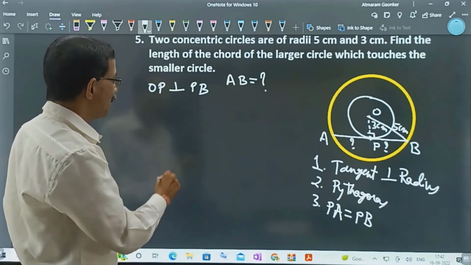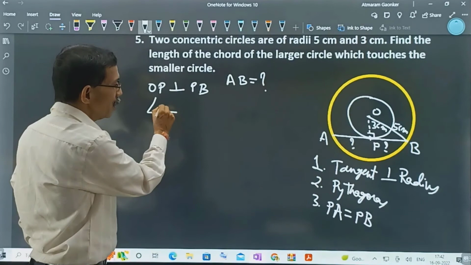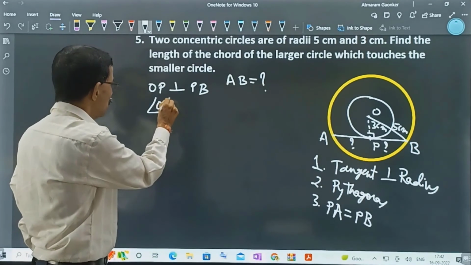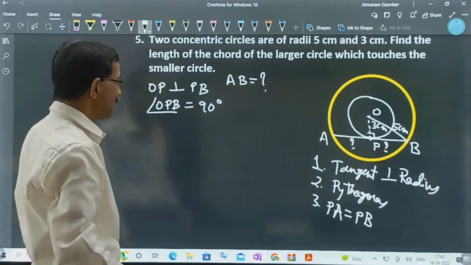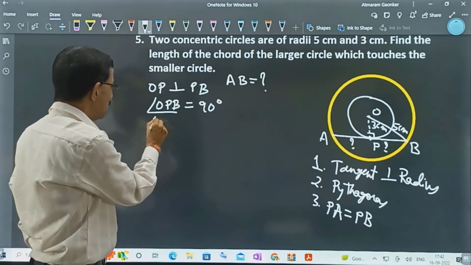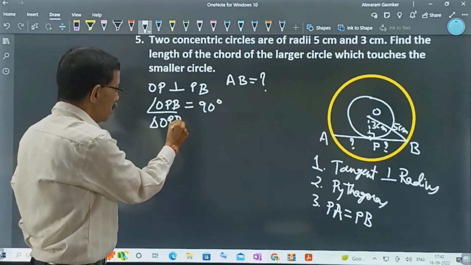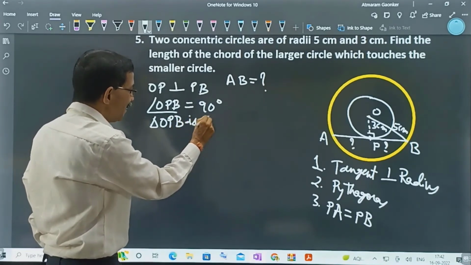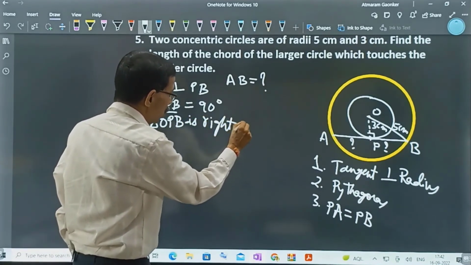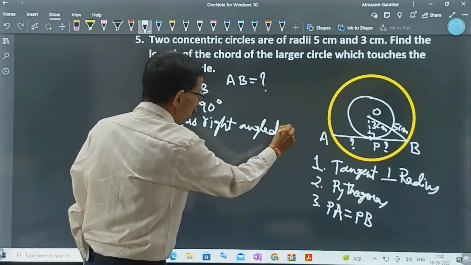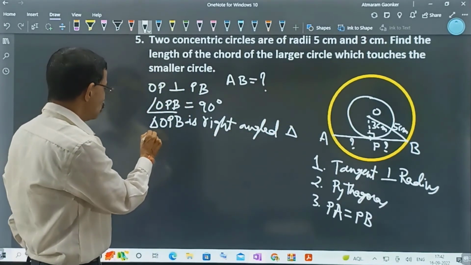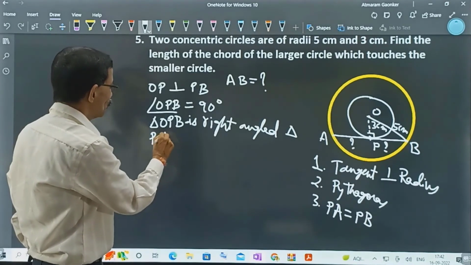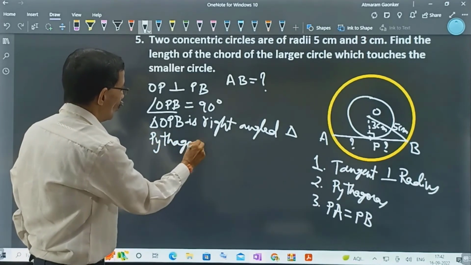So I can say that the angle OPB is equal to 90 degree, and when the angle is 90 degree, I can say that triangle OPB is a right angle triangle. And when this is a right angle triangle, we can very well use Pythagoras theorem.